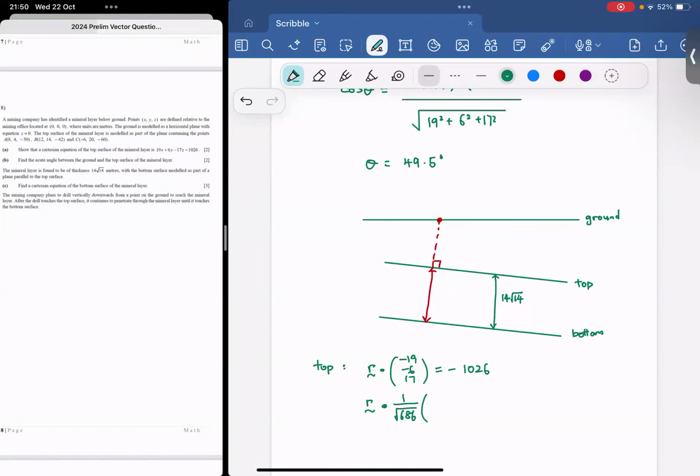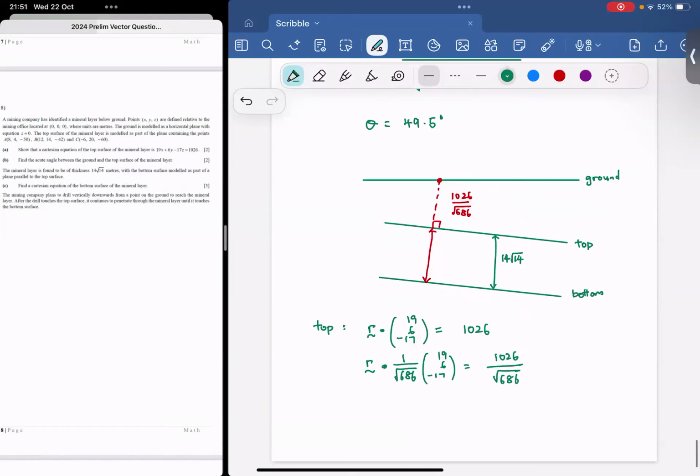When I do this, I need to do it here as well. I'll change it to positive, it's easier for you all to see. So this distance here is 1026 over square root 686.